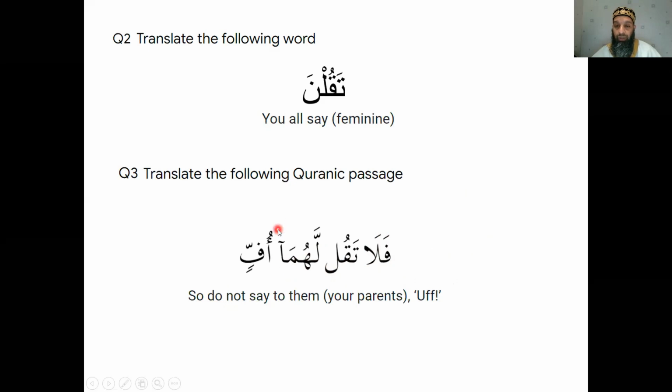Remember huwa huma hum, from ages ago? Lahuma, to them both. So, do not say to them both, uffin. Uff is basically a word of disrespect. It's talking about parents. Don't say uff to them even. May Allah subhanahu wa ta'ala enable us to act accordingly.